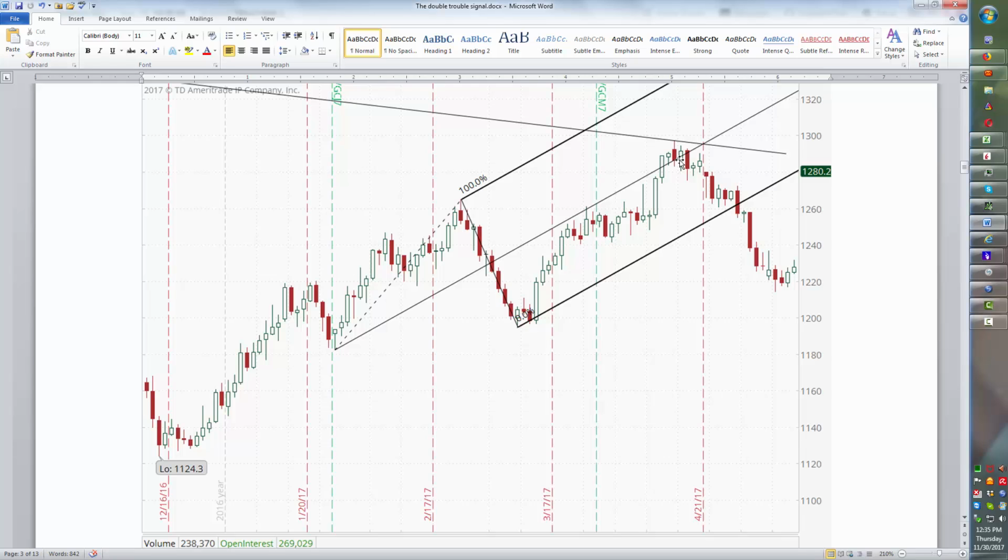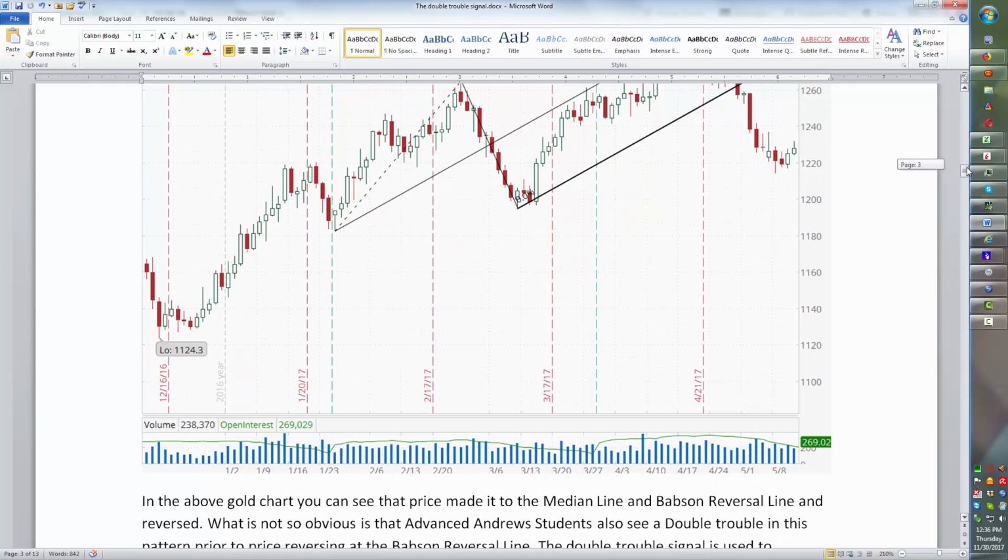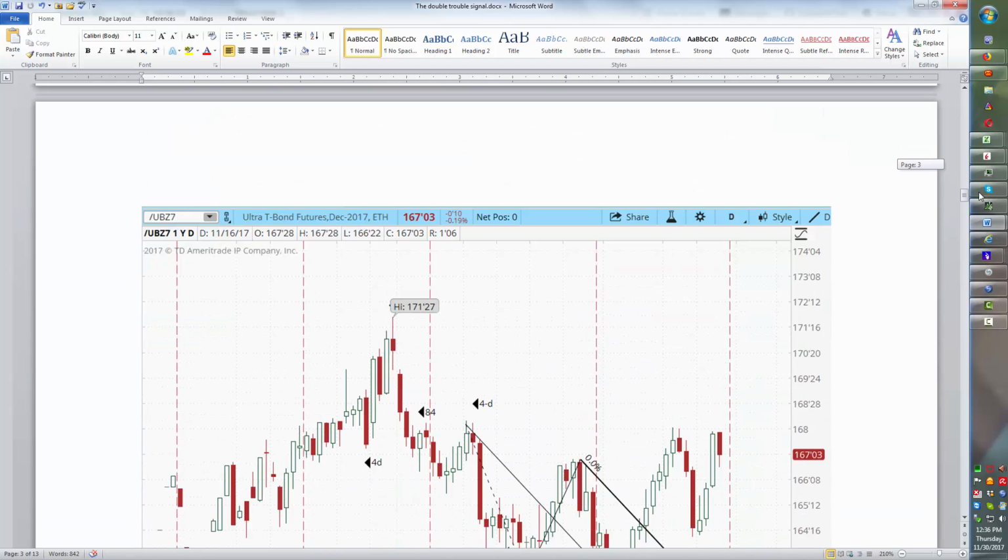What we'd like to do is draw our median lines when we have a double trouble pattern, and say, oh gee, prices are within the pitchfork, and then they go up to here, and lo and behold, prices went up to the Babson reversal line and reversed.